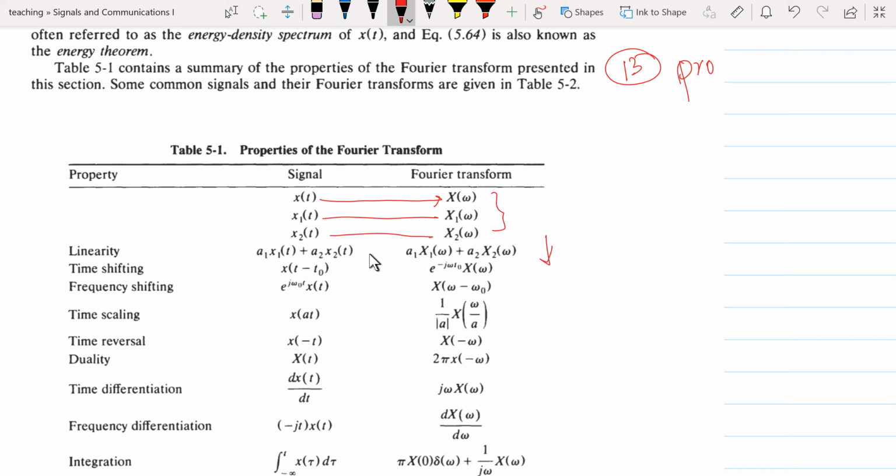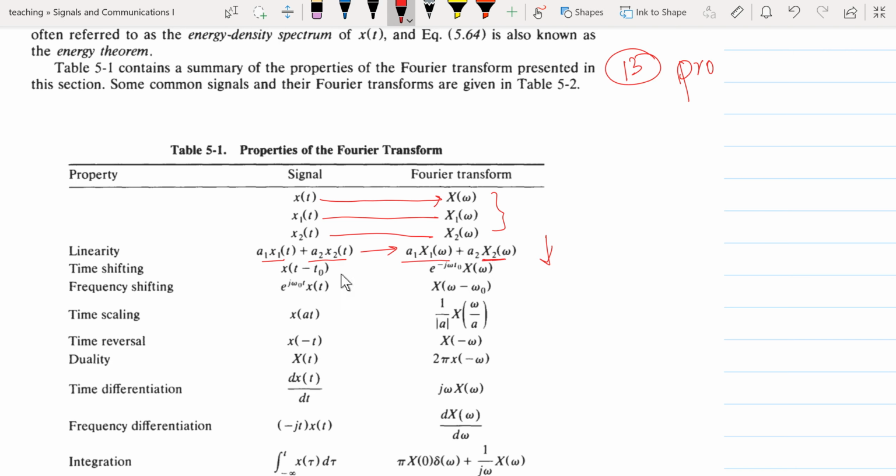The first concept that we discussed was linearity, which says that a1 x1 plus a2 x2 can always be transformed to a1 times the Fourier transform of x1, where a1 is your scalar, plus the scalar a2 multiplied by the Fourier transform of x2.